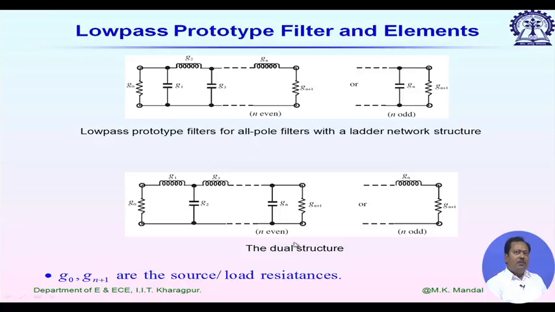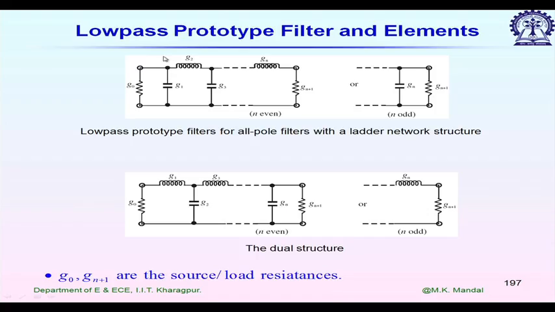So, next, how to realize these functions. We start with low pass prototype. If I ask to design a low pass filter using lumped elements like capacitors or inductors, how will we connect them? Capacitors usually we use in shunt configuration, so high frequency components will pass through the capacitor, and inductors we use in series configuration, so they will attenuate high frequency components.